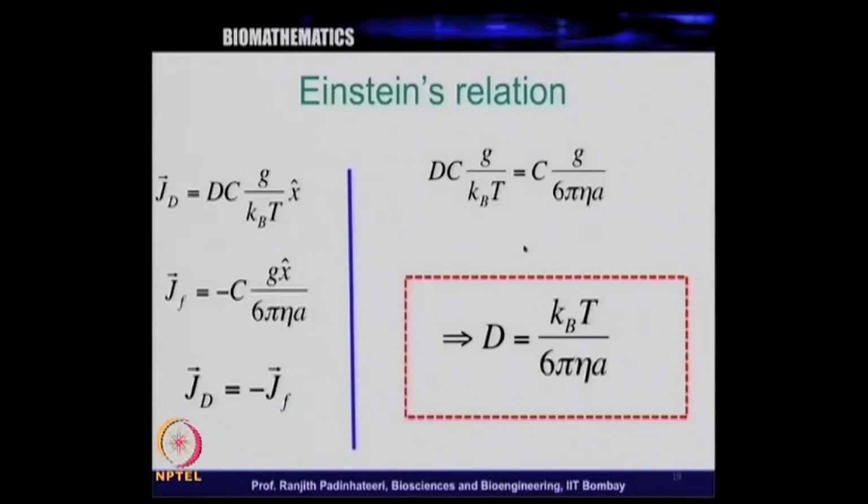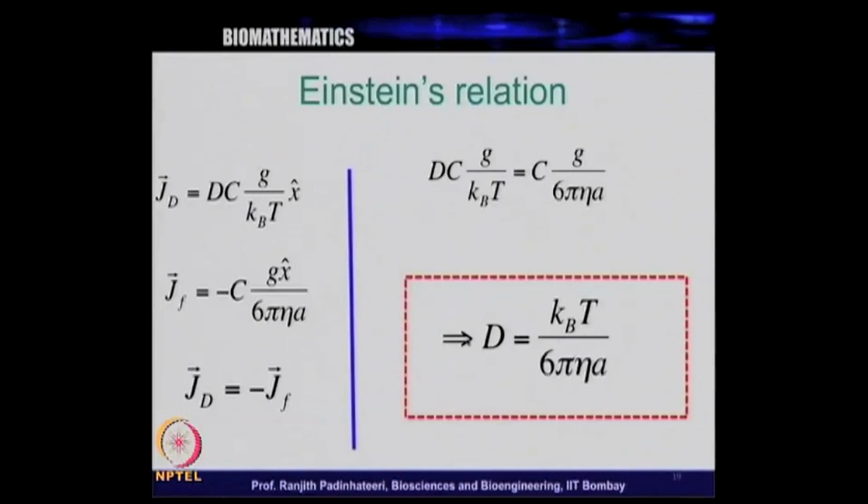Which implies I can take D alone on this side and take everything else to the other side, and what you would get is that D is equal to kBT by 6 pi eta a.